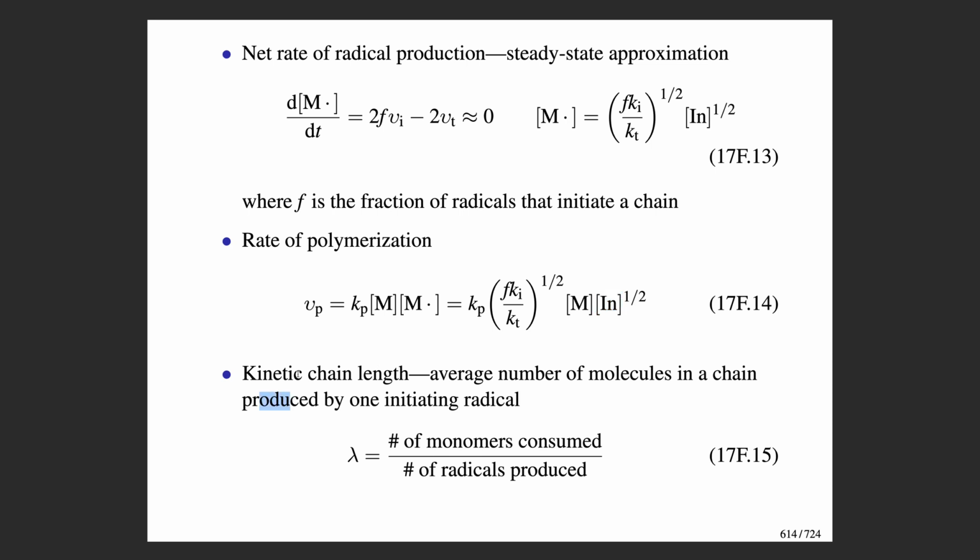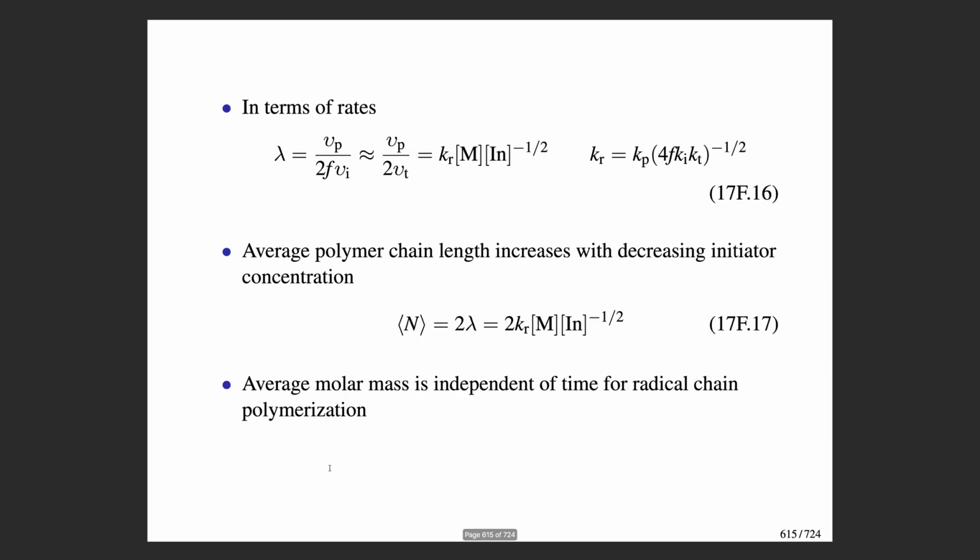What we're really interested in is the chain length, and that's the number of monomers consumed divided by the number of radicals produced. And so we can calculate that.